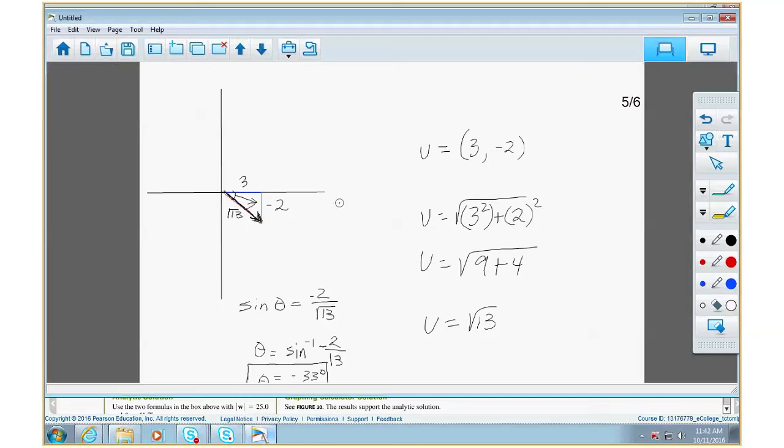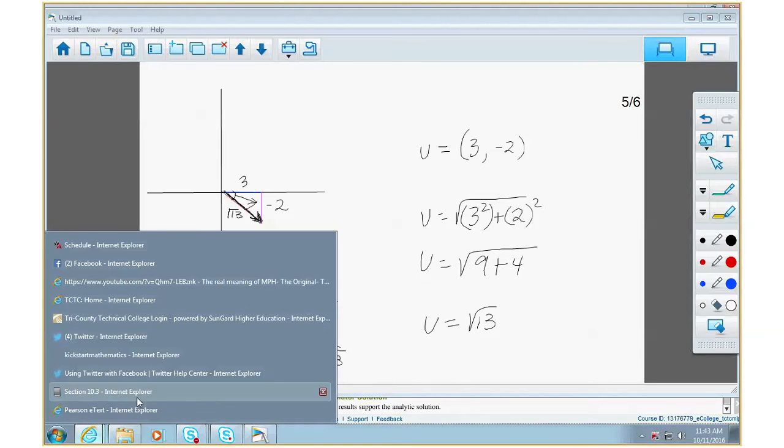Sometimes they'll ask for theta, sometimes they'll ask for just the length or the magnitude of this black vector. Depends on what they're asking for. And they may ask for the tangent, which would be negative 2 over 3.